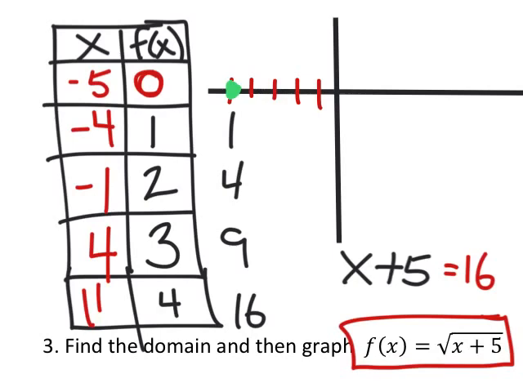But that's okay. Alright. Now we know at negative 4, the y value is a 1, which would be right about here. At x is negative 1, y is a positive 2. And then finally, when x is 4, 1, 2, 3, 4, the y value is a 3, so it would be up here.